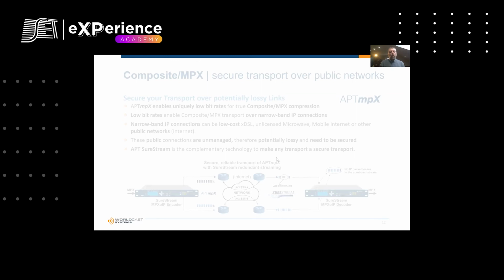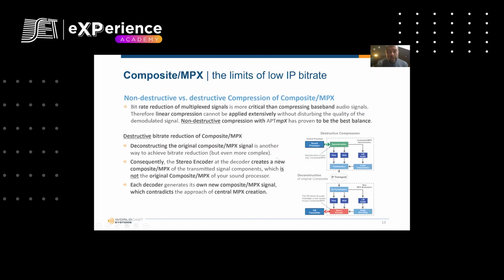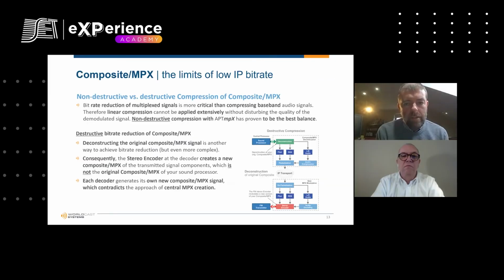site. And if we compare the APT-MPX algorithm with other compressed MPX signals, very simply, we're doing a non-destructive approach. We take the entire FM spectrum, up to 64 kilohertz in this case. If we talk about 860 kilobits, we can of course do up to 88 kilohertz, but we take that and we encode that in its entirety.